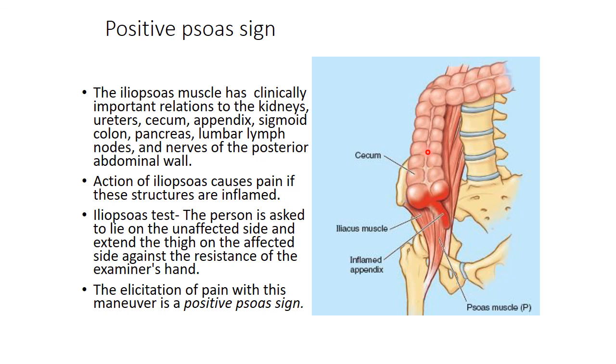So whenever there is inflammation in these viscera, it is going to inflame the fascia and the muscle over here. The normal function of the iliopsoas muscle is flexion of the hip joint. But if we perform extension of the hip joint, the fascia of the iliopsoas gets stretched and pain is felt by the patient. So this elicitation of pain with this maneuver is called a positive sign.